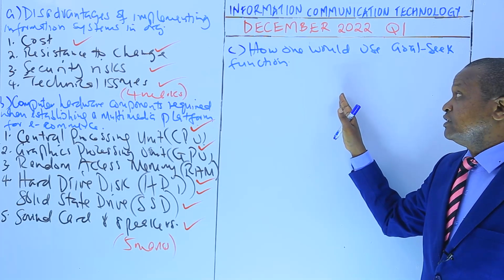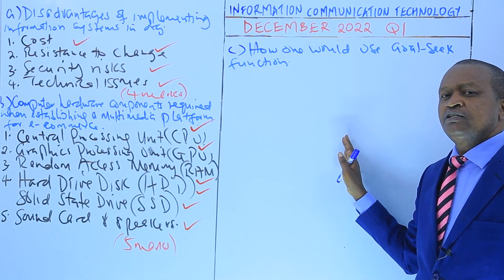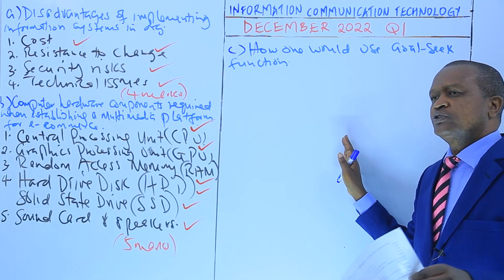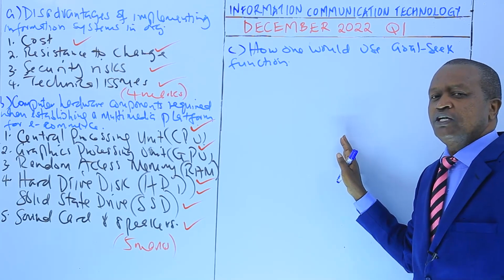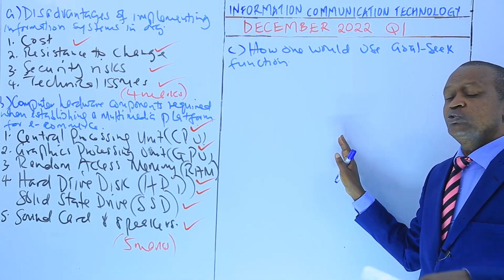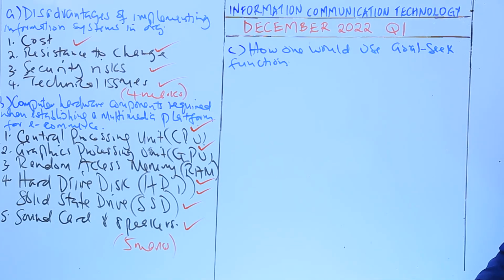So that goal-seek function that is found in spreadsheet software like Microsoft Excel can be used to find the input value needed to achieve a desired result.